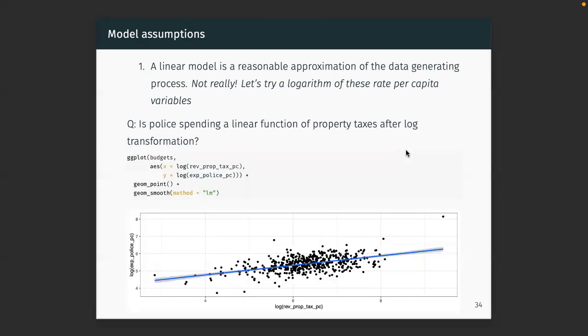So let's apply a logarithm. I'm going to apply a logarithm to both outcomes here, or to both variables. Once we have it on a logarithmic curve, and then I add in the best fit regression line, does this look better than it looked a moment ago? Dramatically, right? This fit is much, much closer.